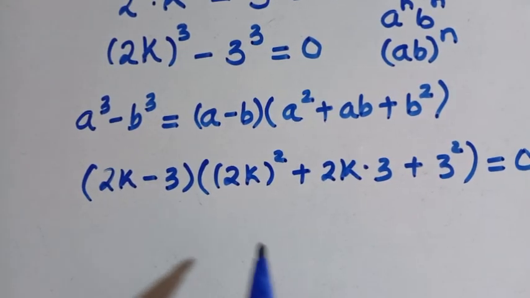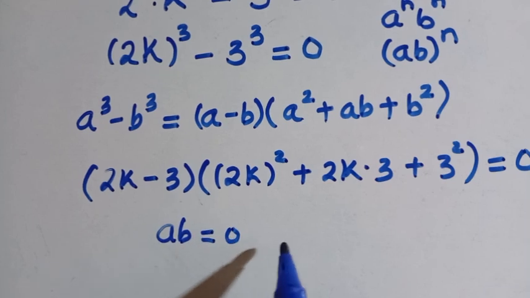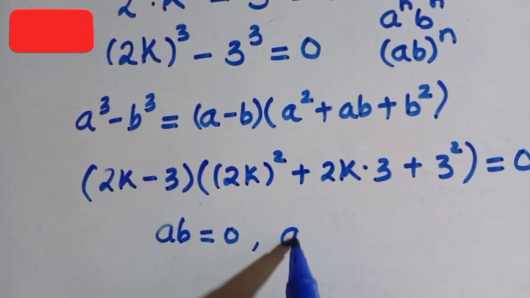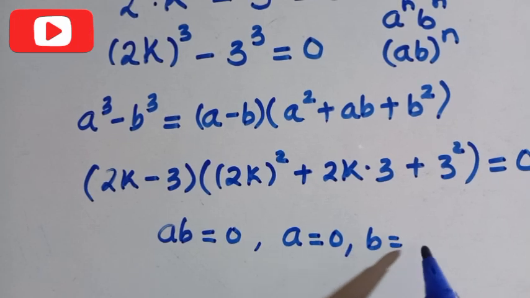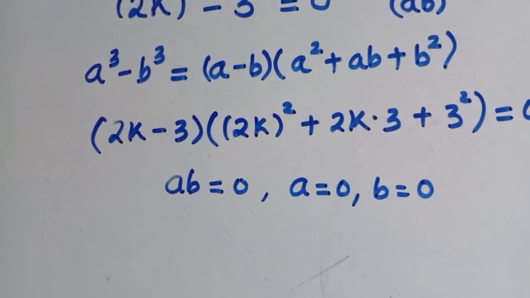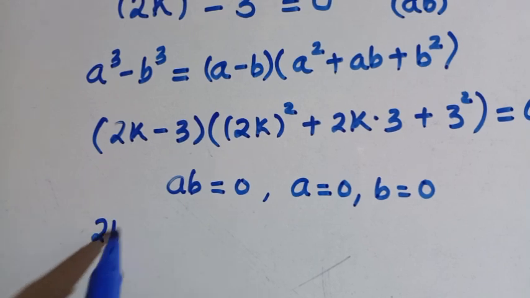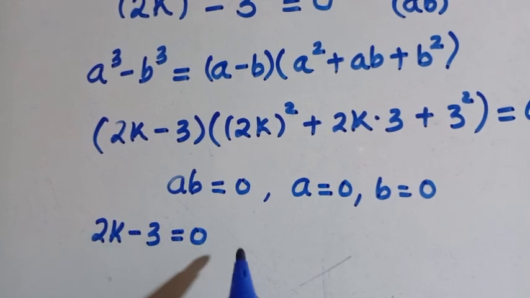So if you have an expression of AB equals 0, this is considered as A equals 0 or B equals 0. Then 2k minus 3 will be equal to 0.